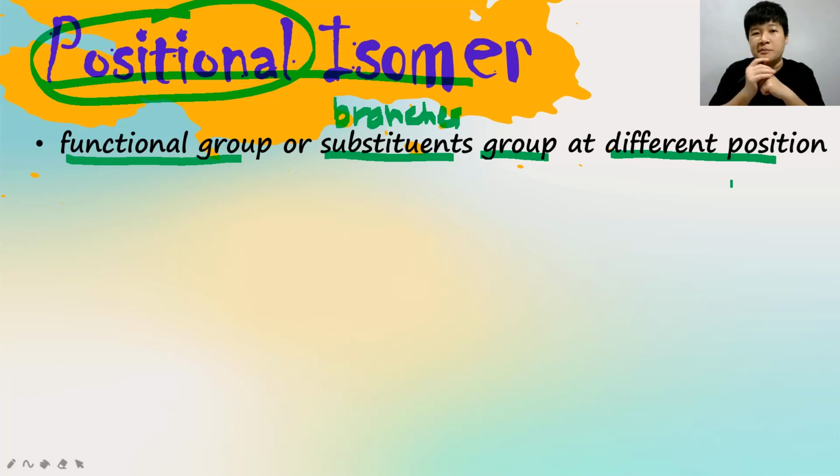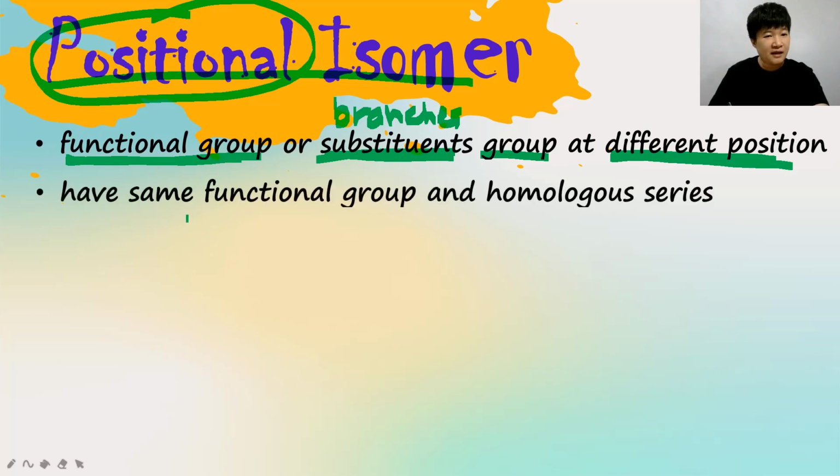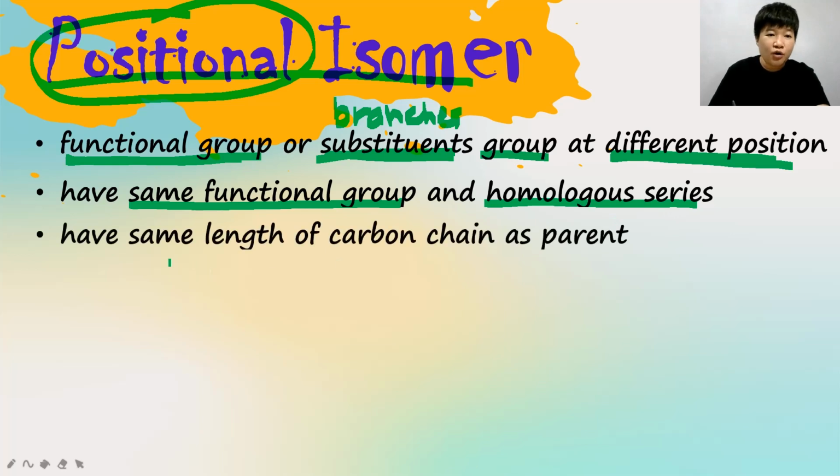That is what we mean by positional isomer. Bear that in mind, in positional isomer, only the functional group or the branches or substituent need to change. The rest should remain the same. In other words, you should have the same functional group and homologous series. And to make your life easier, you should also have the same length of carbon chain as parent.